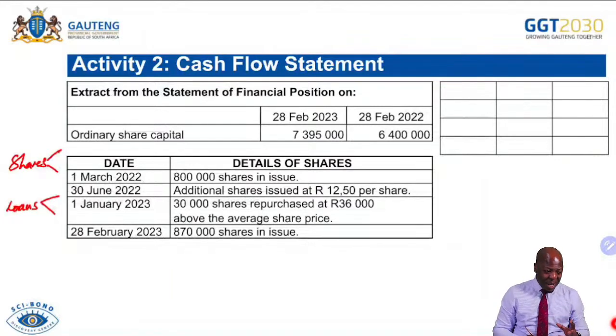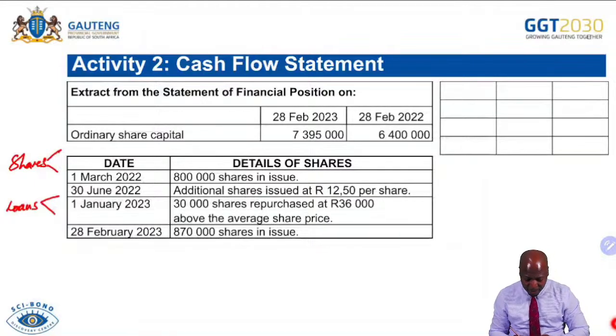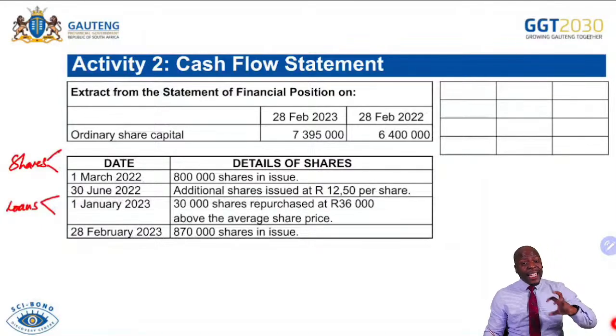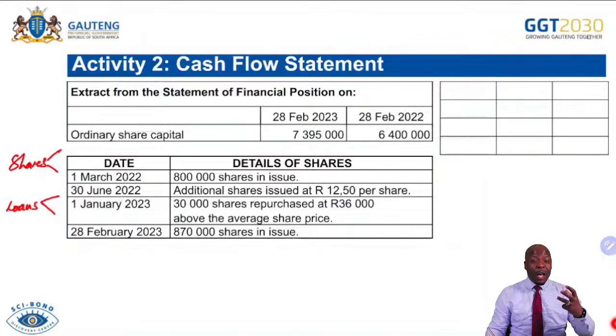Let's begin with the shares. So for it to be easy for you, I want to encourage you, let note number 7 become your solution. Whenever they talk about shares, let note number 7 become your solution. Whatever you've been practicing throughout the year, stick to what you know already.